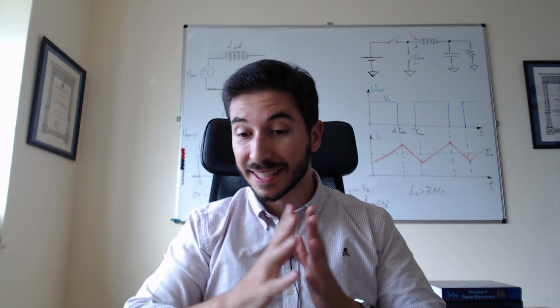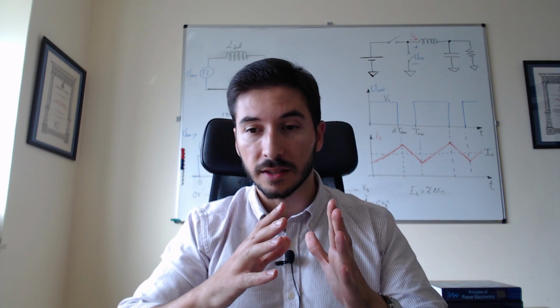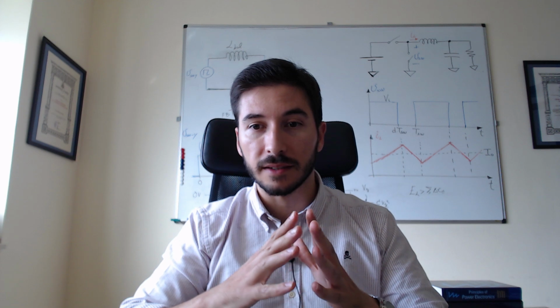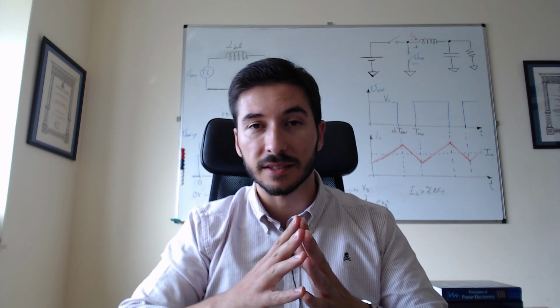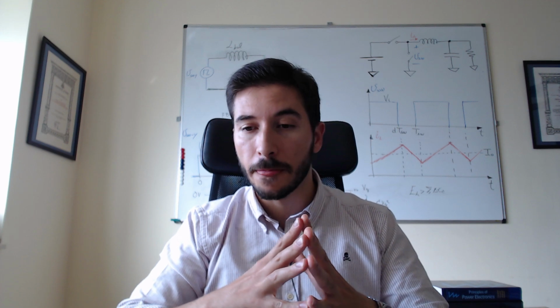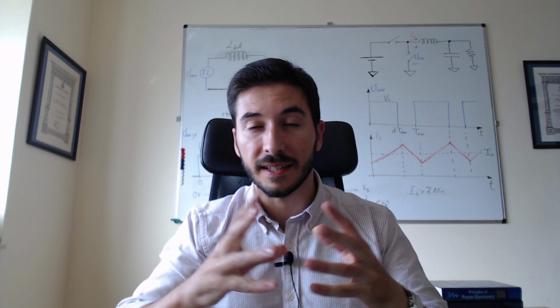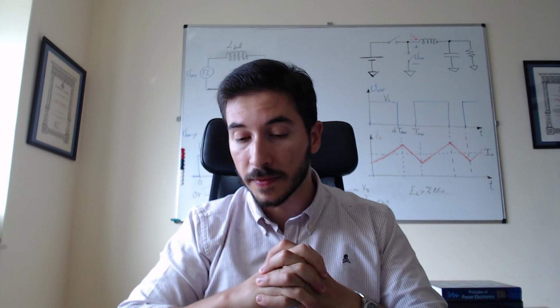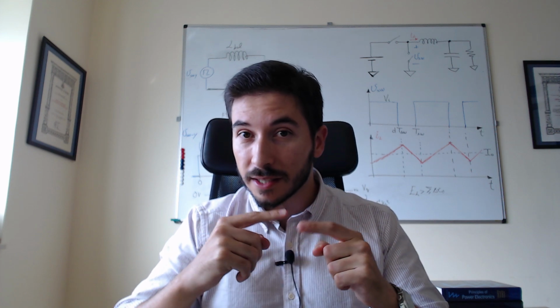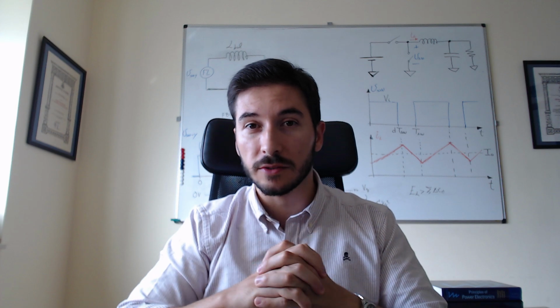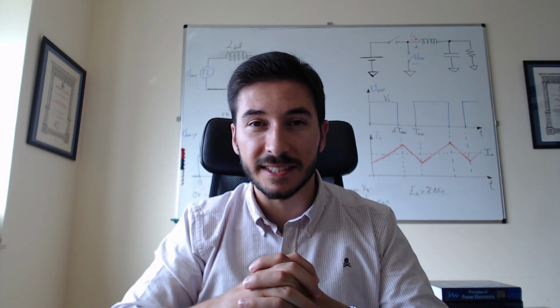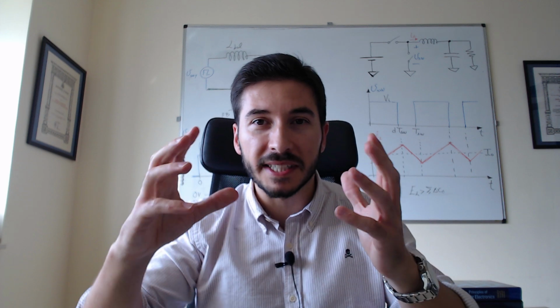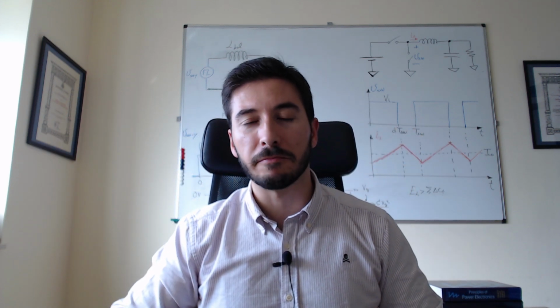So as I said at the beginning of the video, this is one of the ideas that we need to study when we see a buck converter for the first time. We still need to answer some basic questions before we finish this list of basic ideas about the buck converter.